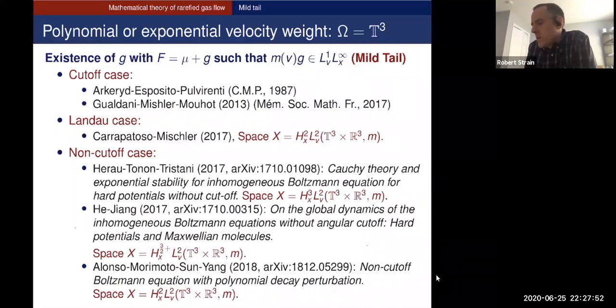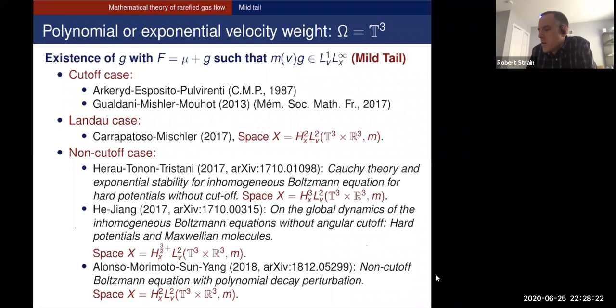So you linearize F by mu plus G, where m(v) is a polynomial weight times G, and m(v) times G is in L1, something like L1 of v, and L infinity in x. So you can have polynomial decay instead of exponential decay in the velocity variable. So you lower the decay assumptions on the velocity variable.